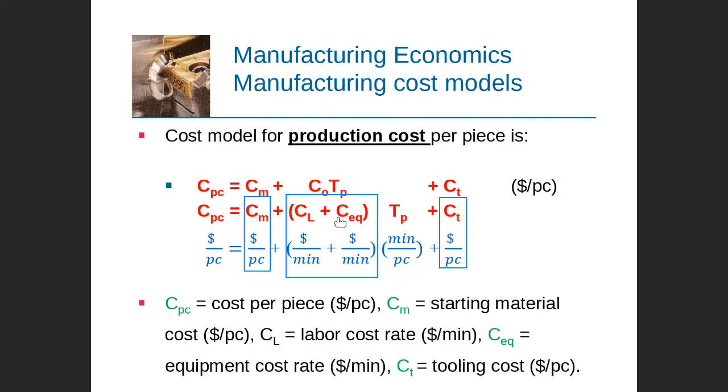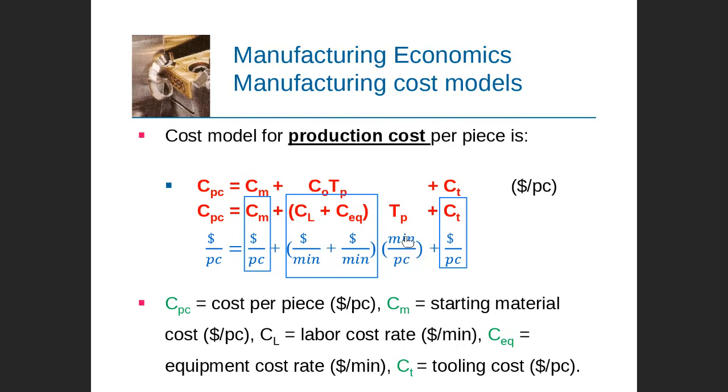For example, if CL and CEQ together cost $5 per minute, then for one piece, how many minutes? This is TB, how many minutes we need to machine one piece. For example, 5 minutes. So this is $5 per minute, and we need 5 minutes for one piece.